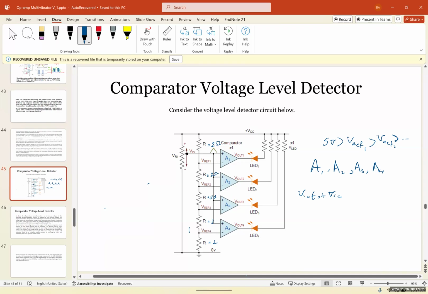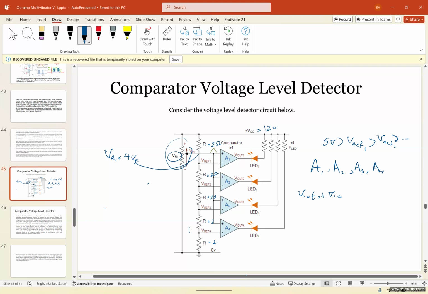And VCC is 12 volts, and let's say this voltage is 4 volts. By the way, this is a voltage divider potentiometer. You have 12 volts, it would be divided by this potentiometer, and you're going to have like 4 volts here.